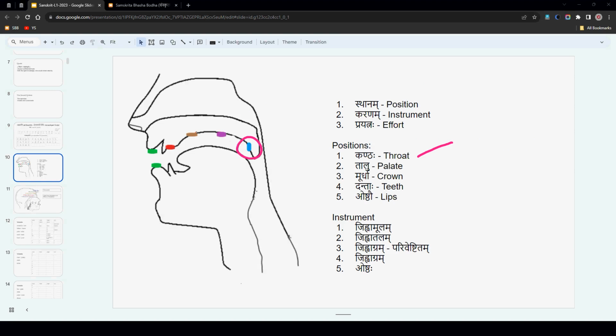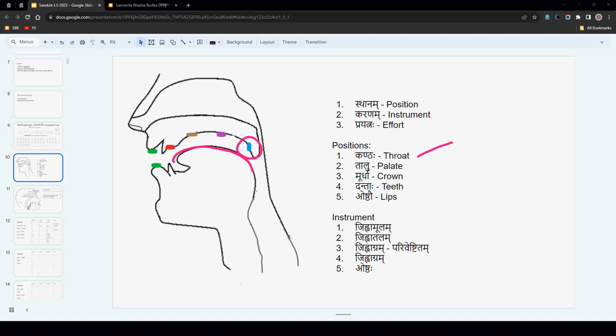So how are the different sounds produced, vowels or even vyanjanam also? Mainly our juhva, or tongue, acts as an instrument, just like in a musical instrument.